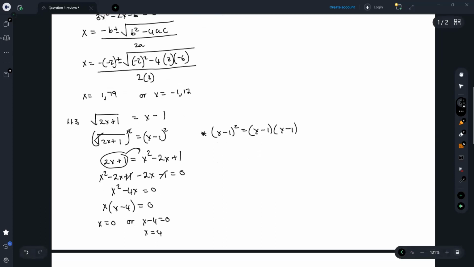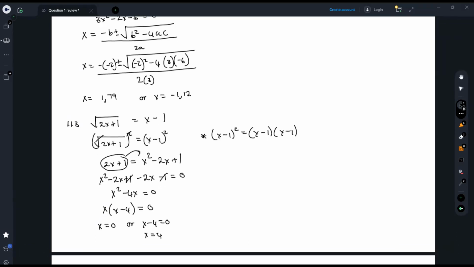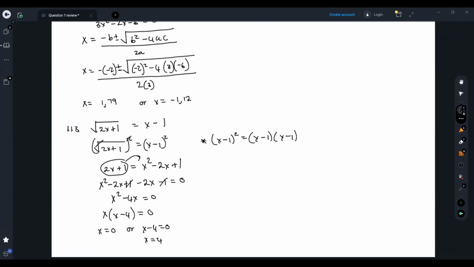Now, if ever we are solving a question that has a root, it means that you have to test the values because not both values are going to be viable solutions to this equation.